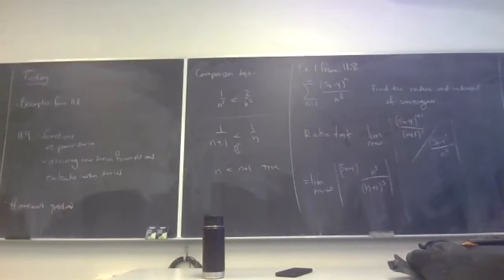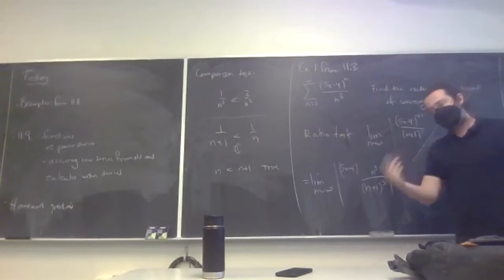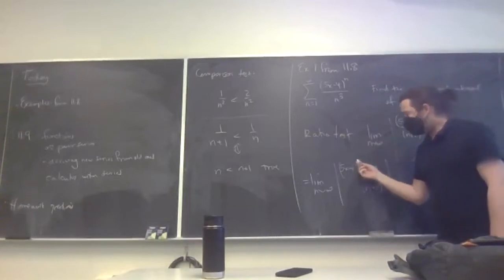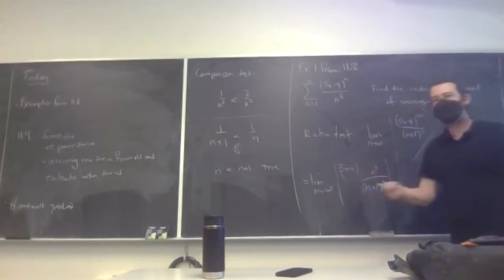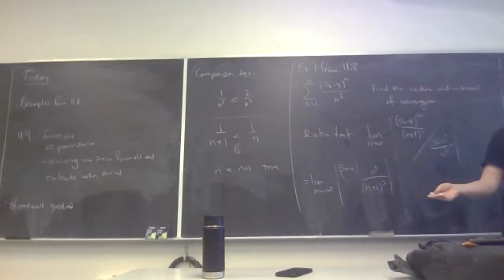I'm going to strongly encourage you at this point, when you do these limits, like I pointed out last time, it's usually best practice to take whatever chunk has x in it and just take it outside the limit so you don't accidentally destroy it.